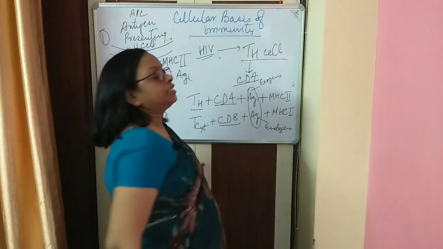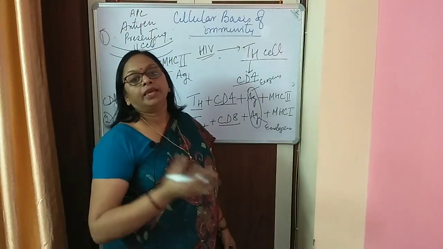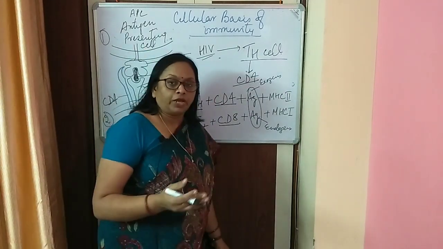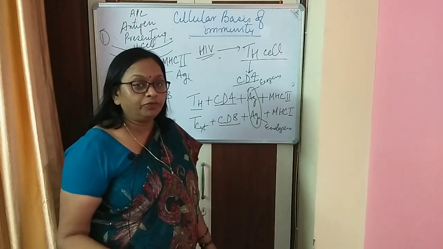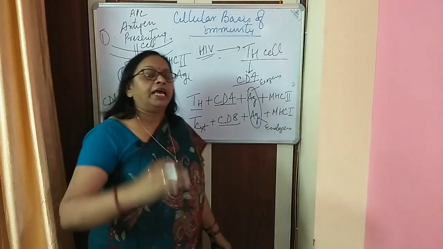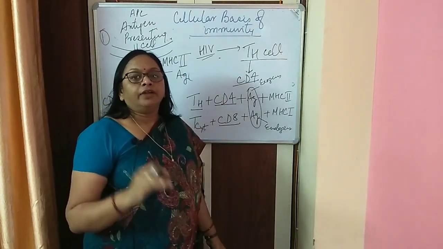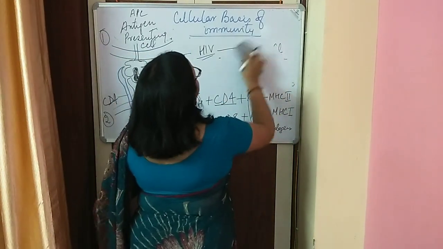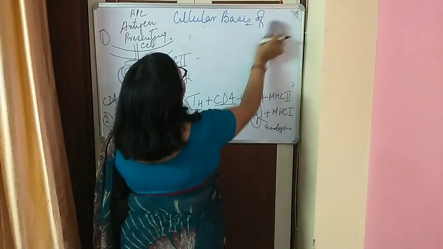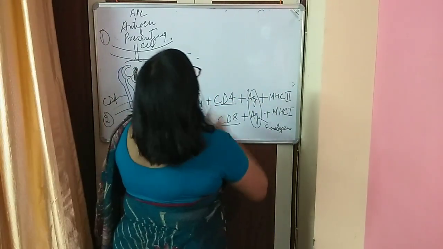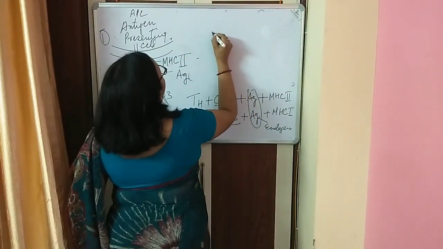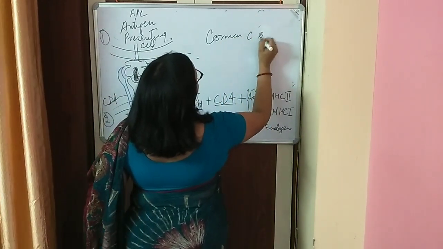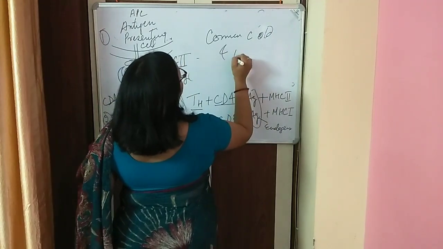Therefore, these T helper cells get infected, and in due course of time, after infection, maybe 10 to 15 years, the number of T helper cells declines. They are very low in number. Therefore, you might have heard that in HIV infection the person dies of a common cold and fever.